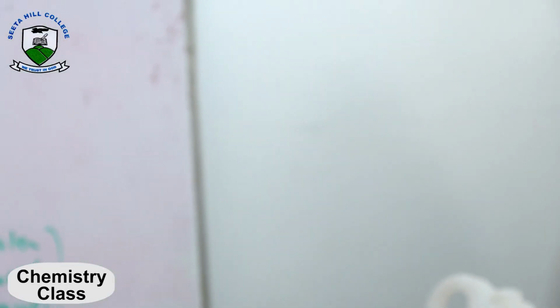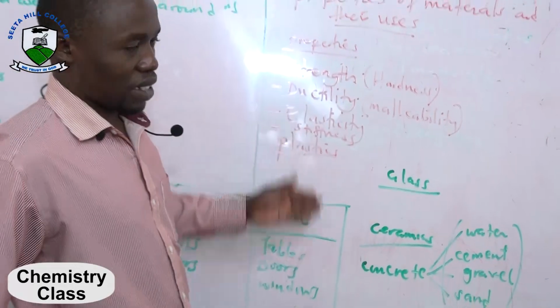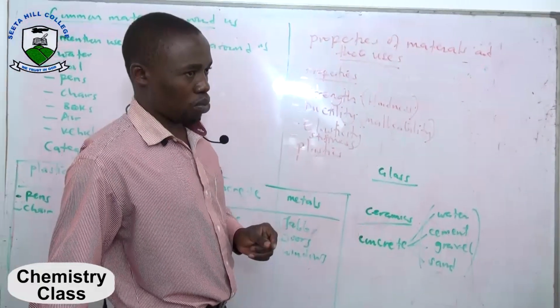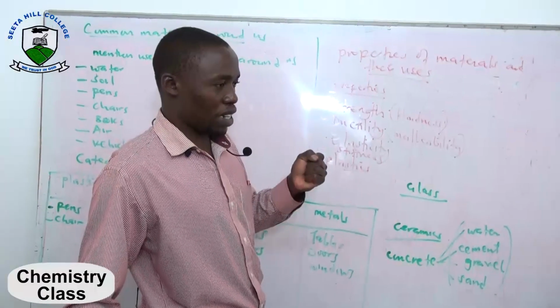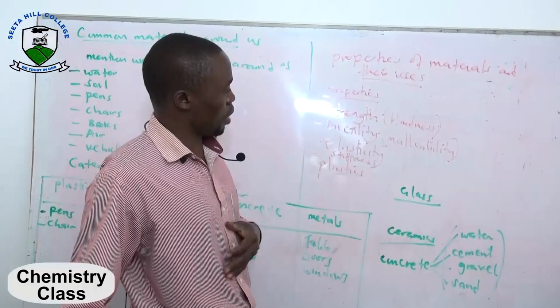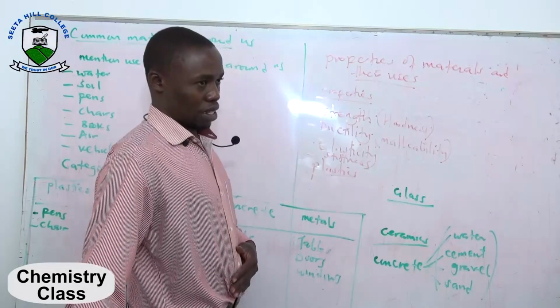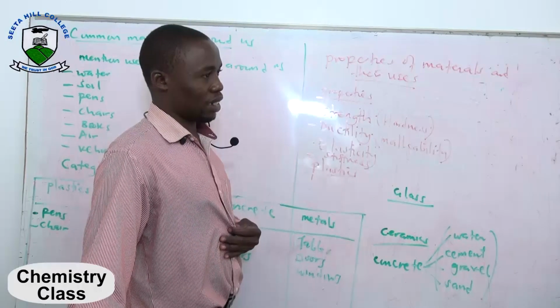Could we simply summarize the properties of concrete in these terms? In terms of strength, is concrete strong? To resist a force being applied to a material is what we call strength. You resist without breaking down. Concrete can resist many things.